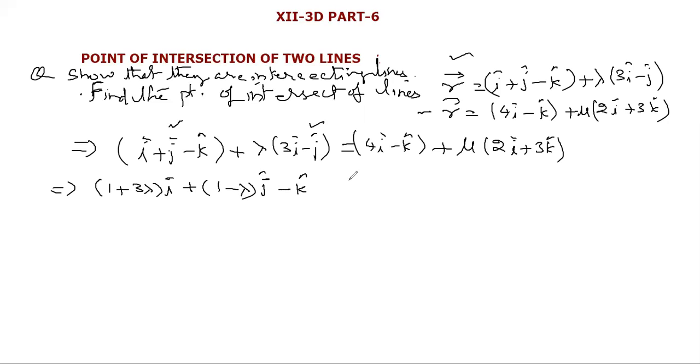On the other side, i is 4 plus 2 mu i. Where is j? There is no j this side, so for your convenience you can write 0j, because you have to equate the coefficients. Then k: minus 1 plus 3 mu k.